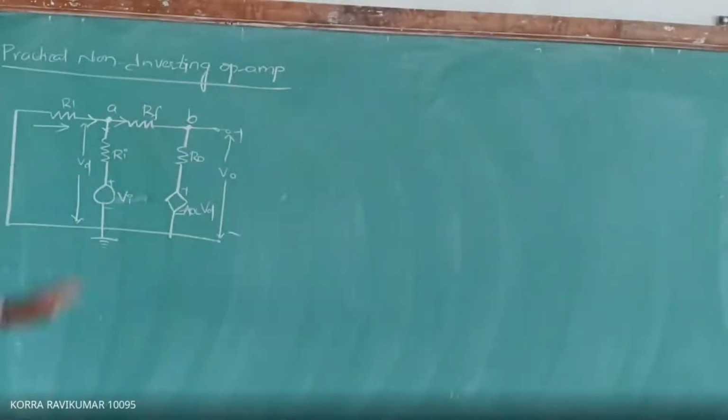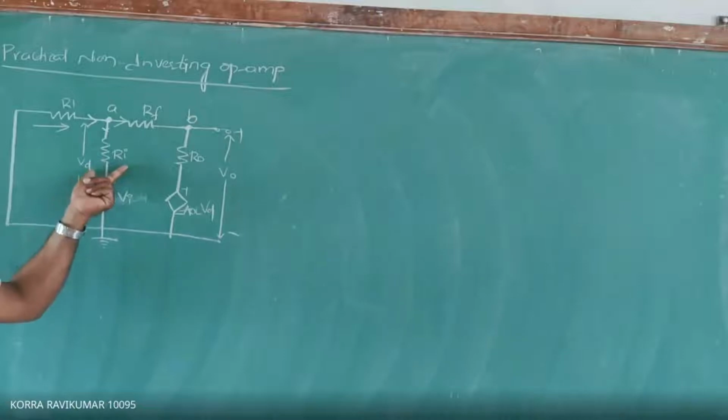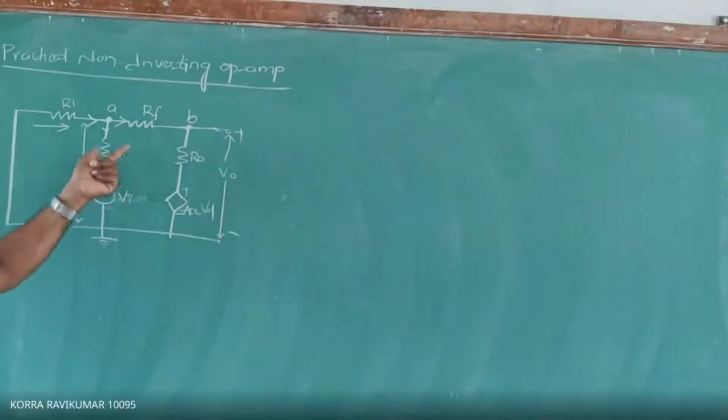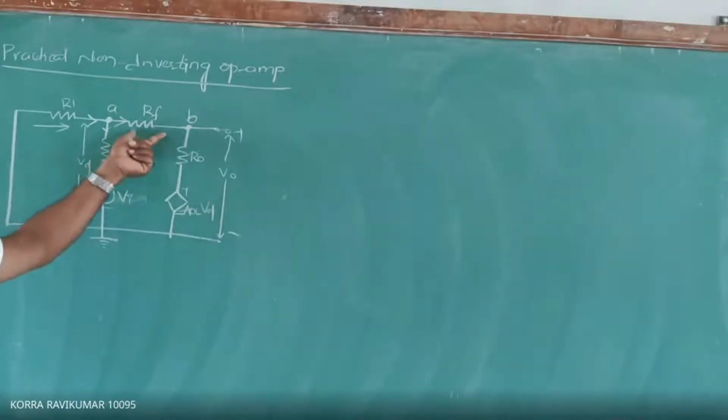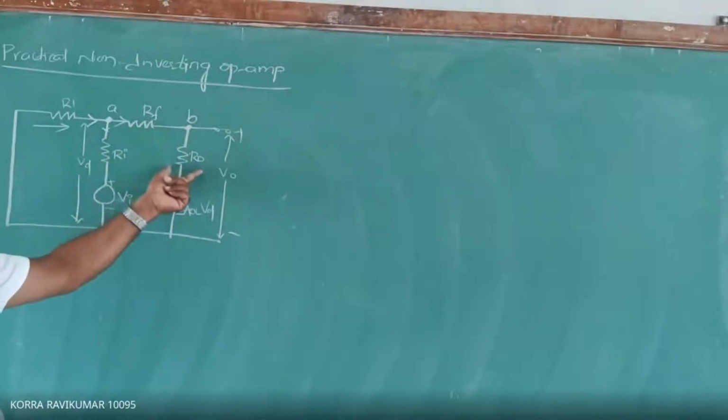This is the internal circuit diagram, or equivalent circuit diagram, of the non-inverting op amp. Here R1 is the input resistance, Ri is the internal input resistance or input impedance, Rf is the feedback resistance, and R0 is the output resistance.